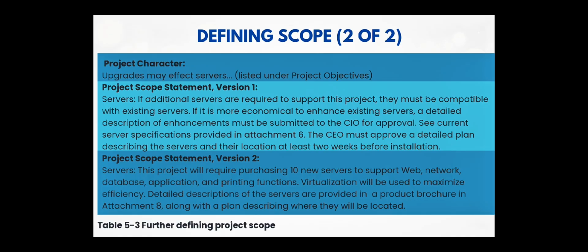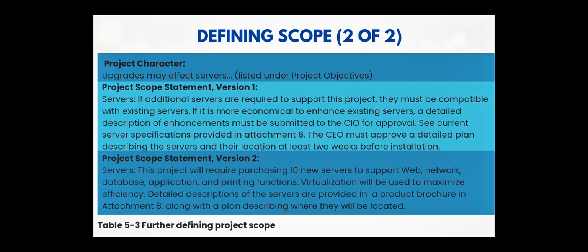Table 5.3 provides an example of how the scope becomes progressively more detailed in a scope statement labeled version 1 and version 2. Notice in table 5.3 that the project scope statement often refers to related documents, which can be a product specification, product brochure, and other plans.